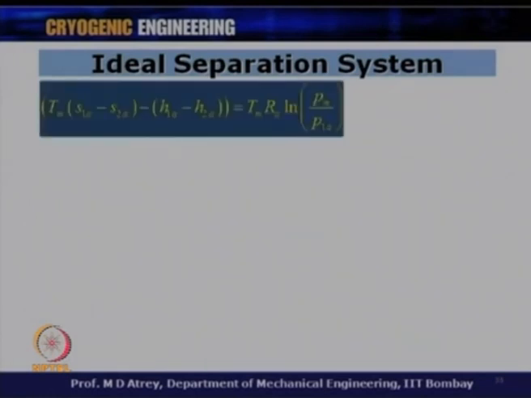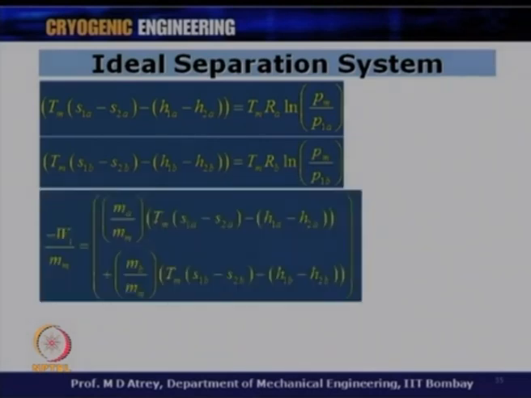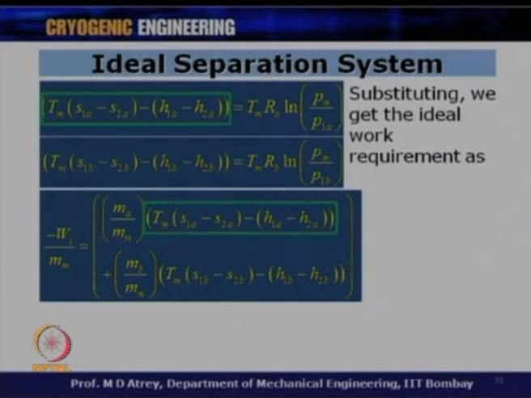So, I can put this expression back in my Wi by mm is equal to this, and my expression will be: replace this term by this in this expression, and replace this enthalpy entropy difference by this, and my final expression therefore will be like this.